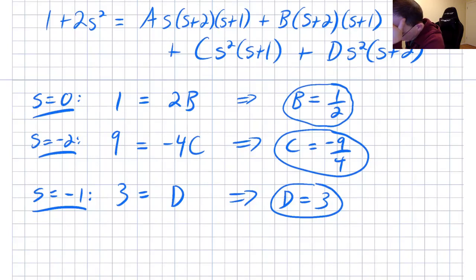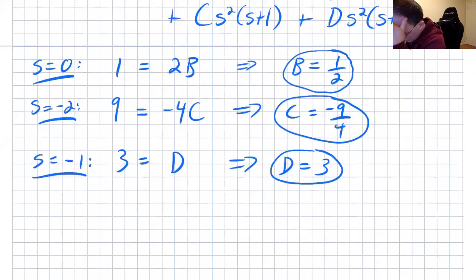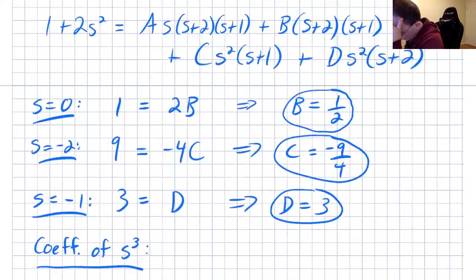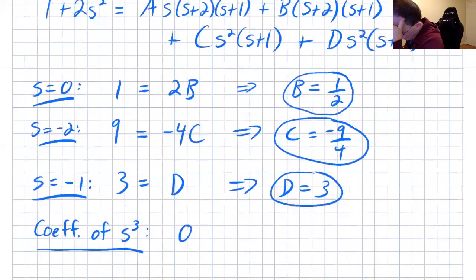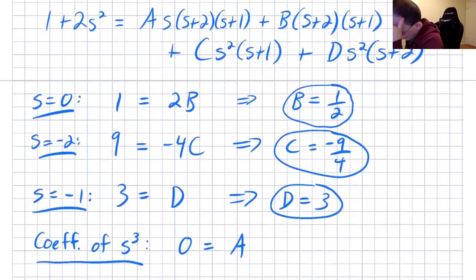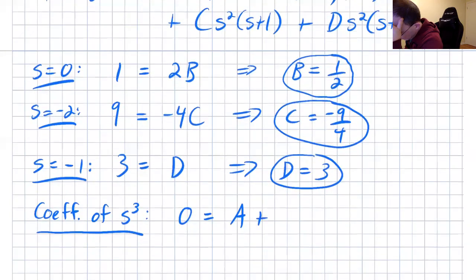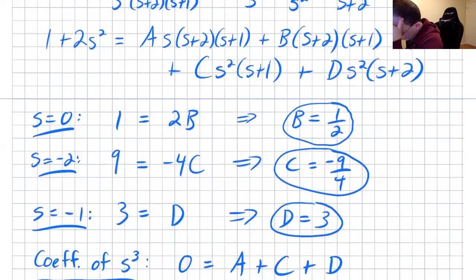So looking at the coefficients of s cubed, on the left there's no s cubed, so it's 0. On the right, the coefficient of the first term is a, plus c plus d. And now we can solve for a.